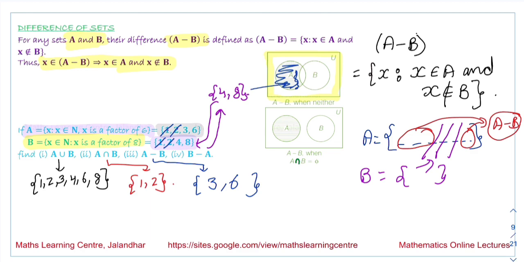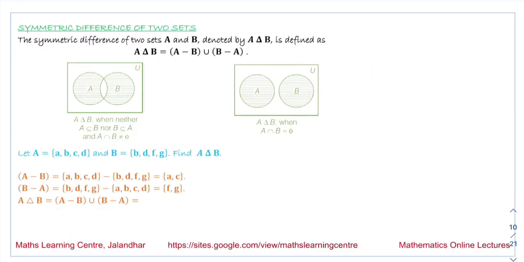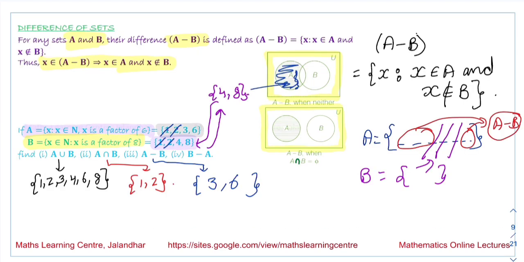Next we have this second Venn diagram. We are saying if A and B are disjoint, they have nothing in common, then A minus B is equal to A. So over here we have A intersection B equal to the empty set.